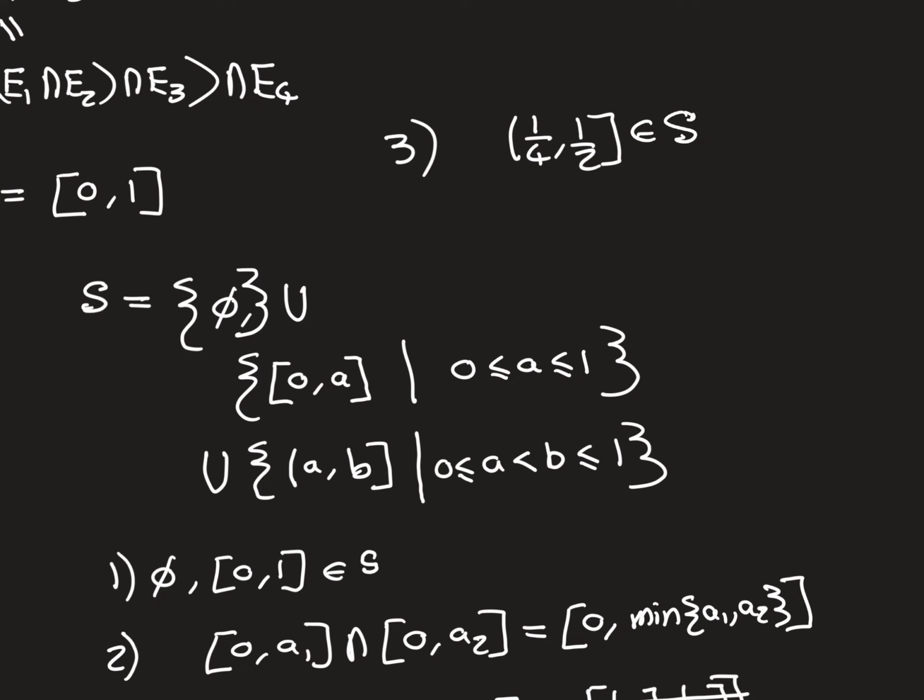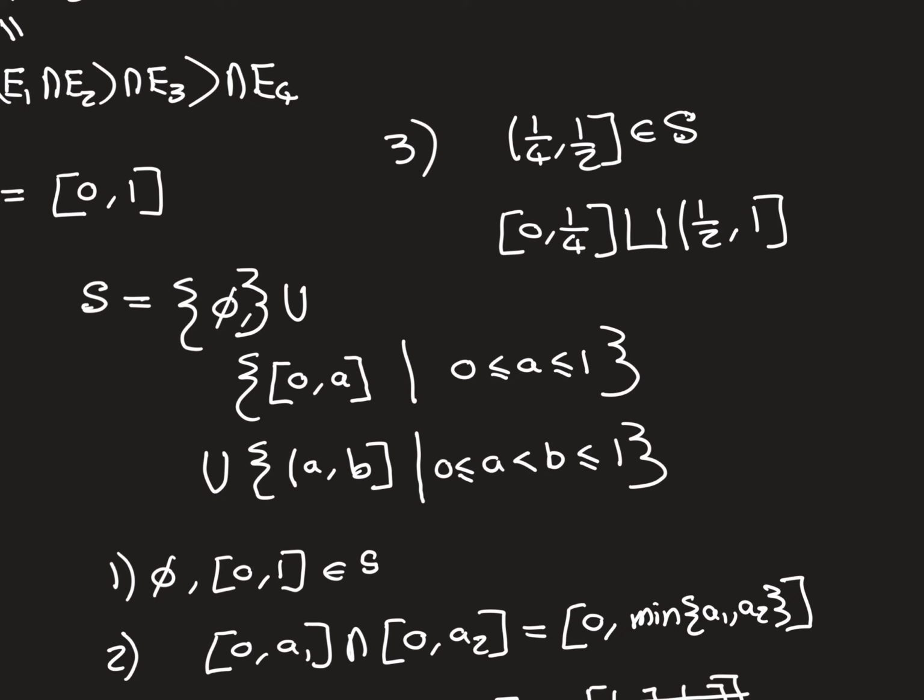I really hate the curly S, I'm trying my best here. Its complement is going to be the union of 0 to a quarter, closed at both sides, with, and I could put disjoint union here, with, then we've got open at a half, closed at 1. So this subset is not back in here.